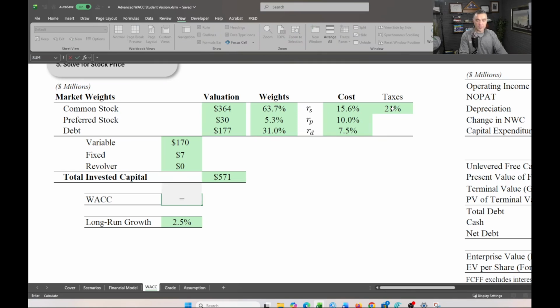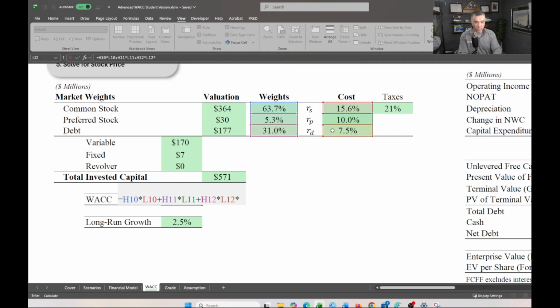So we're going to go equals. I'm going to take the weight of common equity and multiply it times the cost of common equity, plus the weight of preferred stock multiplied times the cost of preferred stock, plus the weight of debt multiplied times the cost of debt.